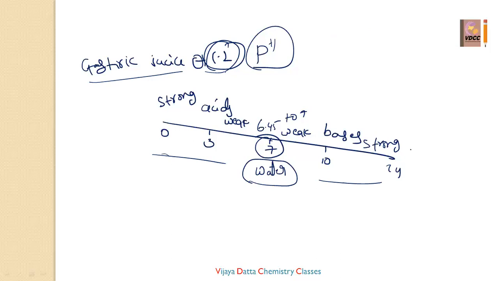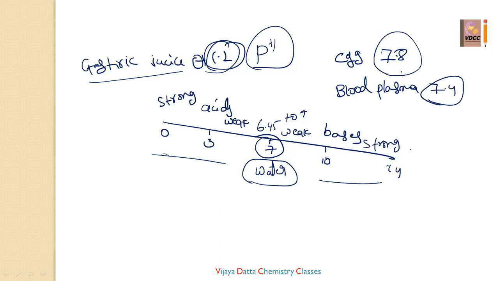Egg is also a weak base, with a pH value of 7.8. Blood plasma is 7.4. These two are weak bases. 1.2 is a strong acid.